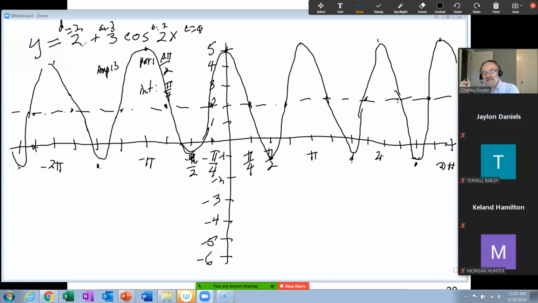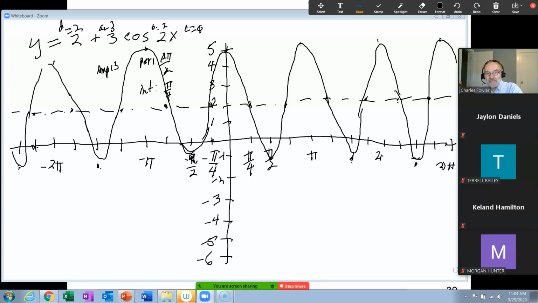The D is going to be the average between 5 and minus 1. 5 plus minus 1 would be 4. Divide by 2, and that gave you 2. So the D is going to be the average between your max and your min. Does that make sense? It's directly halfway between the max and the min.